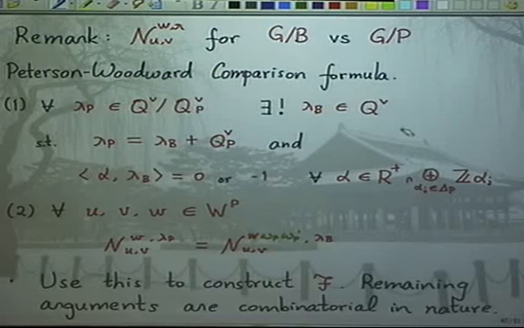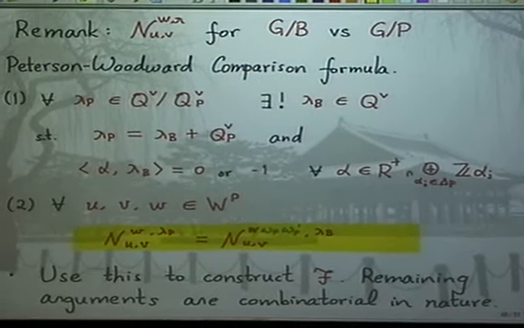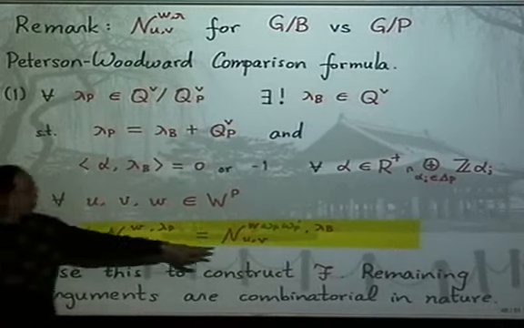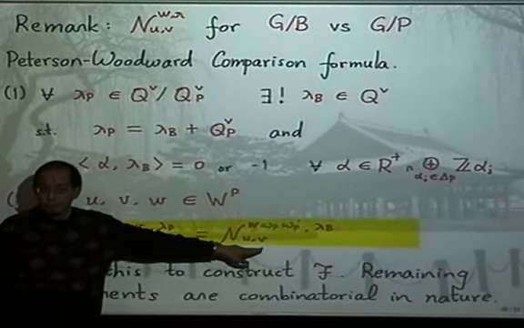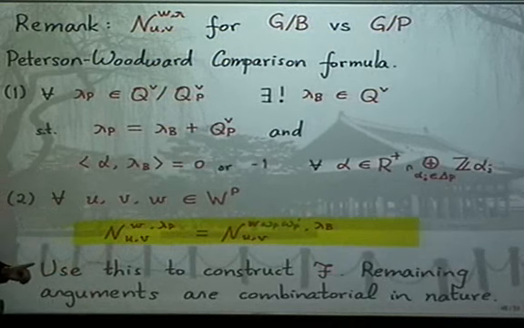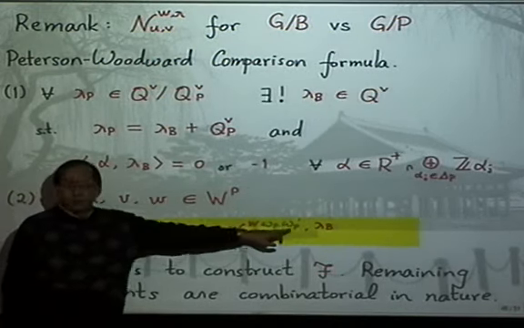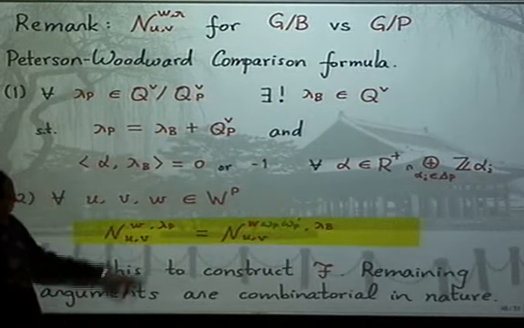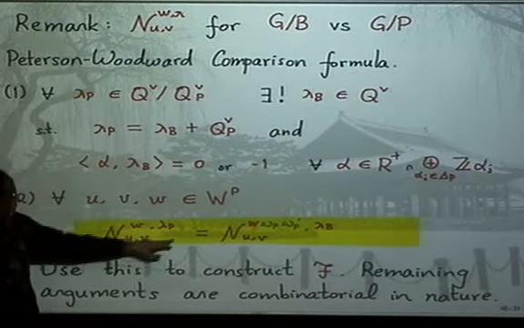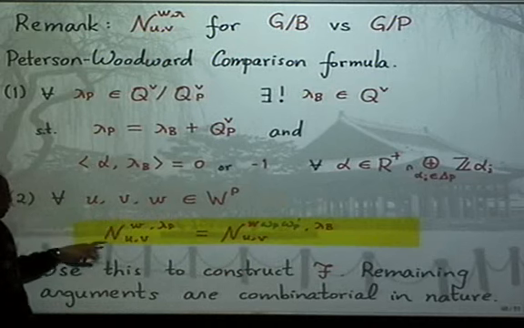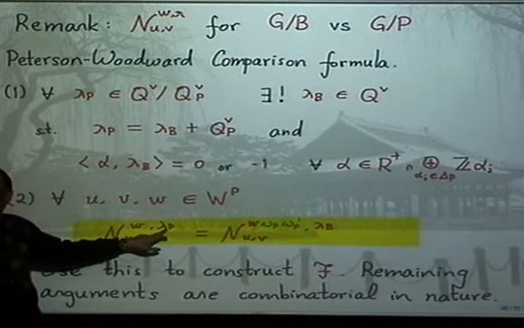But in this case, it really used this Peterson-Woodward comparison formula, which relates the quantum cohomology of G over P in terms of the quantum cohomology of G over B. There's some formula, but the trickier part is you have to shift this W. First of all, if you want to compute this for G over P, you have to choose a suitable lifting of that one.